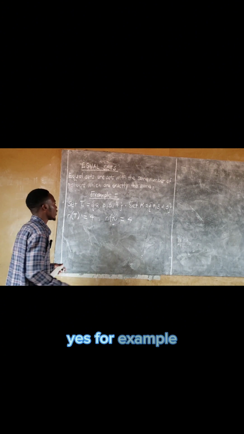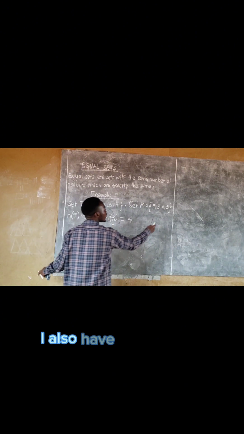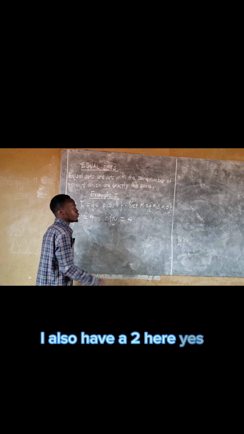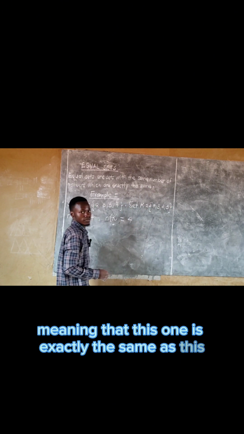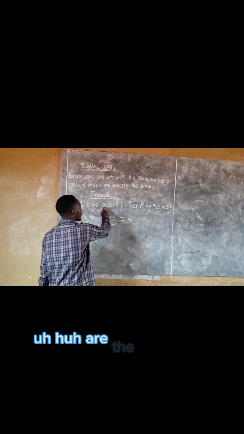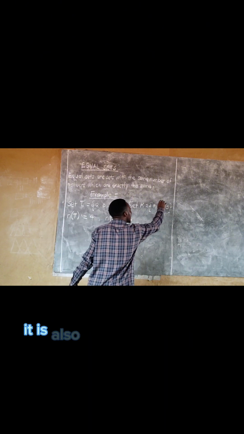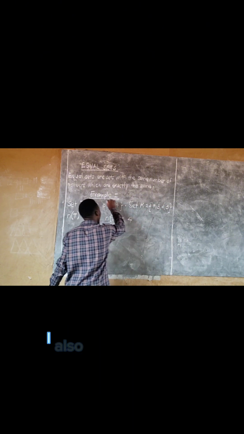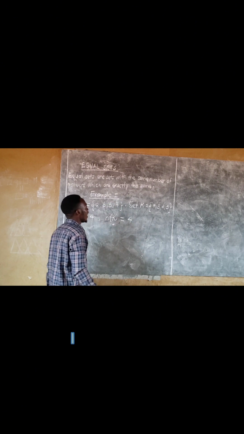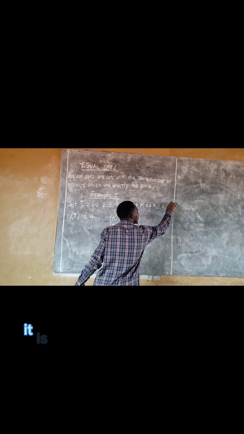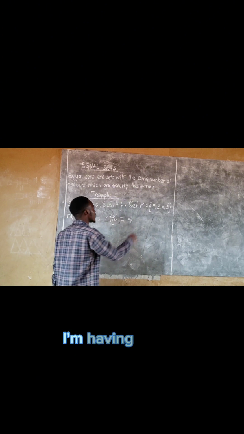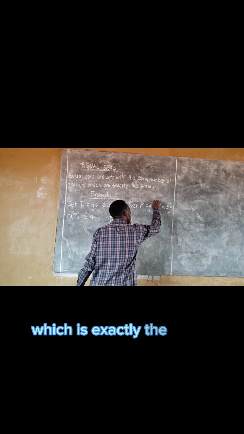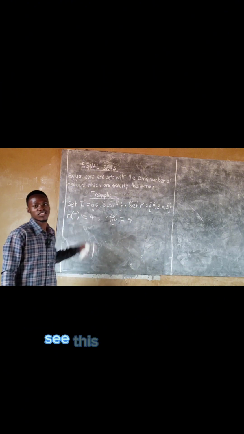For example, if it is a 2, I also have a 2 here, meaning that this one is exactly the same as this. I have a 3 here, and it is also exactly the same as the one on this side. I have a 5 here, which is exactly the same as the 5 on this side. I have a 7 here, which is exactly the same as the 7 on this side.